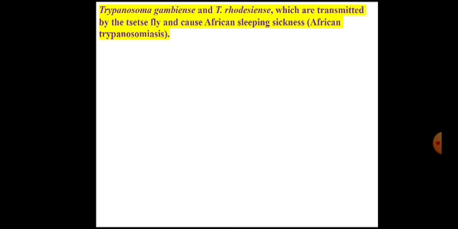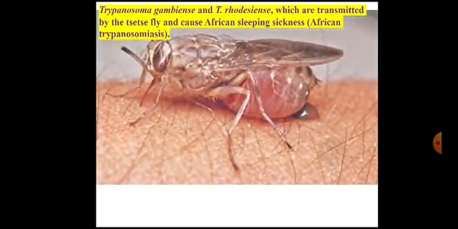So this is a vector. This fly is a vector which carries this pathogen, which is borne in the blood of an infected individual, and then through a bite it is transferred to another healthy individual, and this is how the transmission occurs through this tsetse fly.